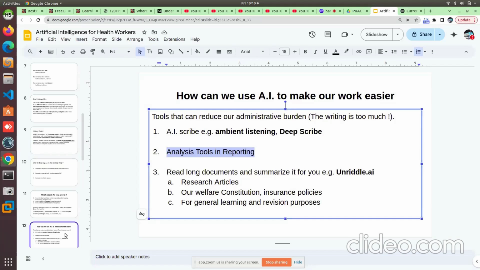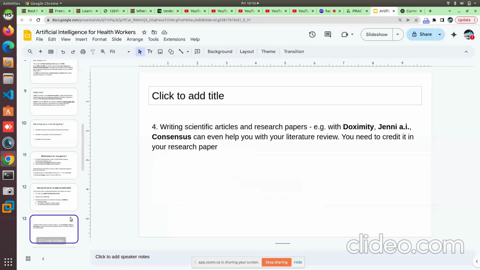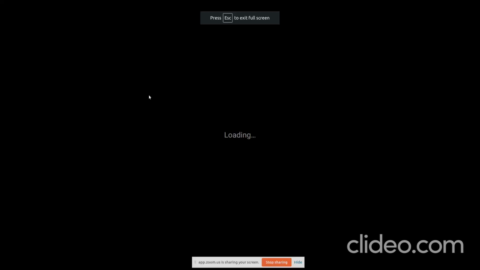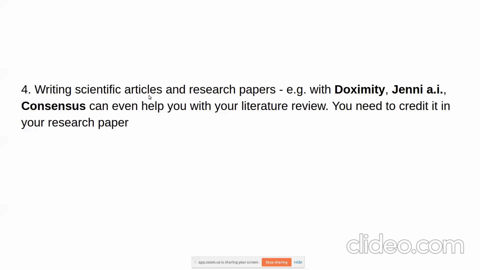If you have other documents, you can also look at them with Unreadable AI, upload them, and then get answers to questions from them. Some can even write scientific articles and research papers, also Consensus.